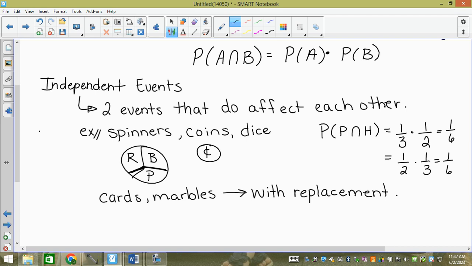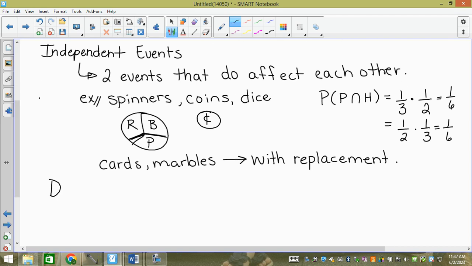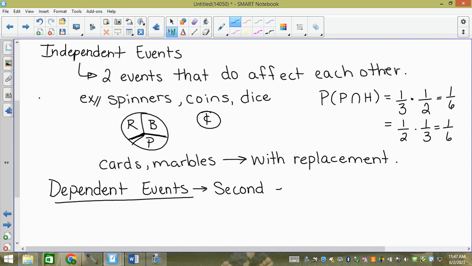Now, dependent events. The second event affects the first.